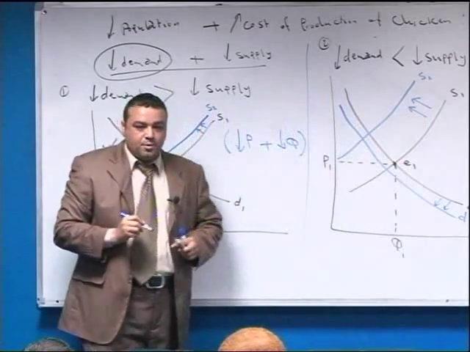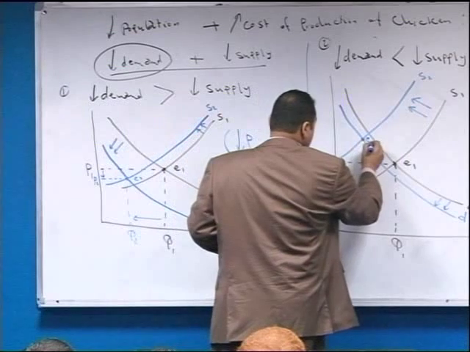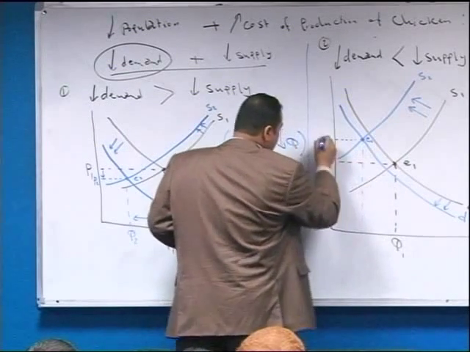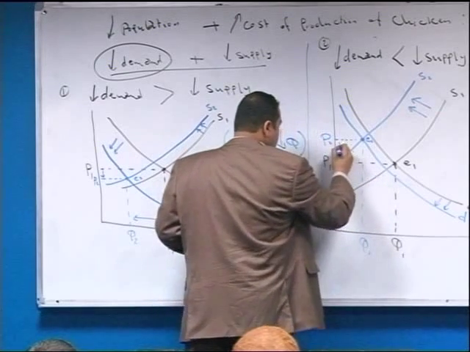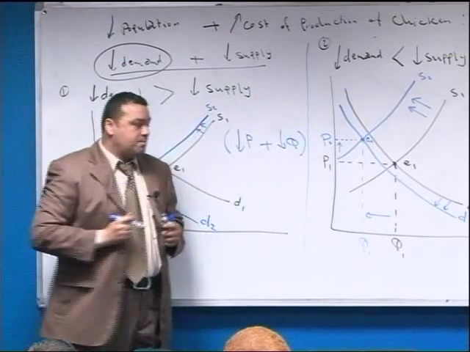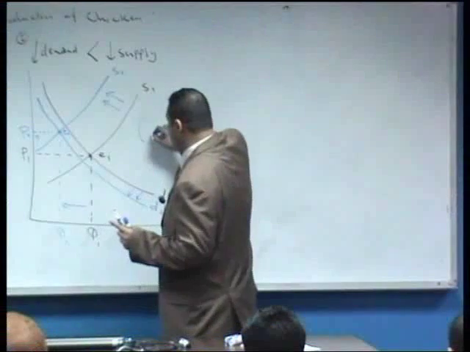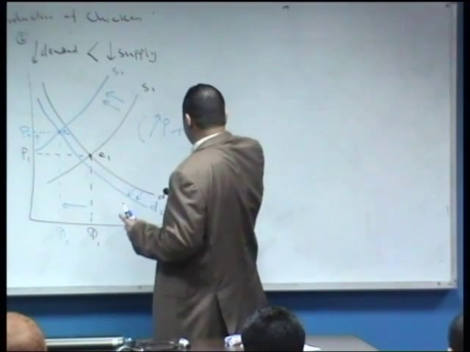The new equilibrium point is E2. So the result would be increasing the prices and reduction in the quantity purchased. So the result would be increasing prices plus decreasing the quantities.